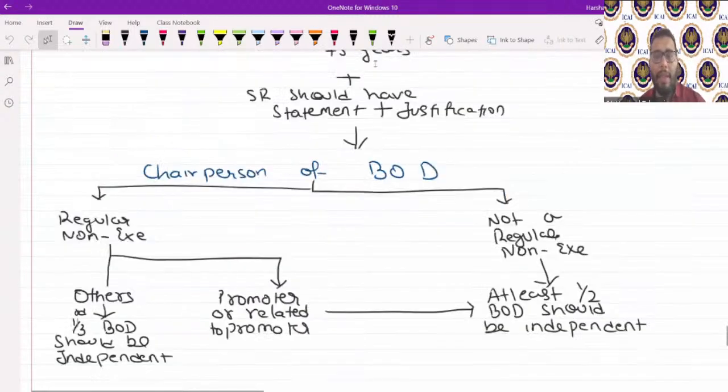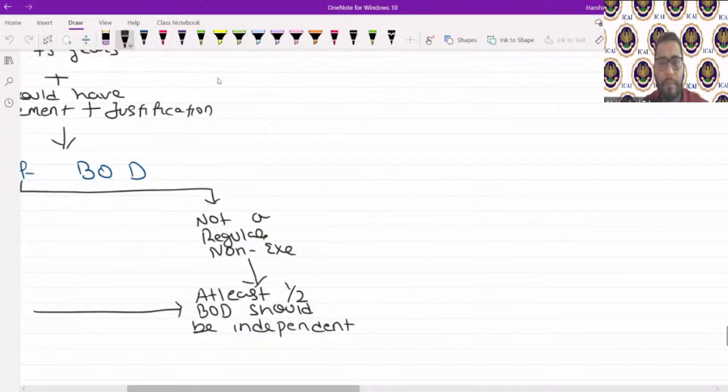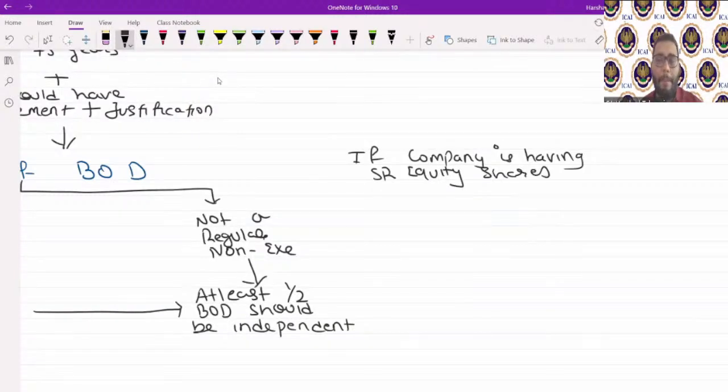Now, one more thing that I will add up over here is, if company is having superior rights equity shares, then half of the board of directors should be independent.